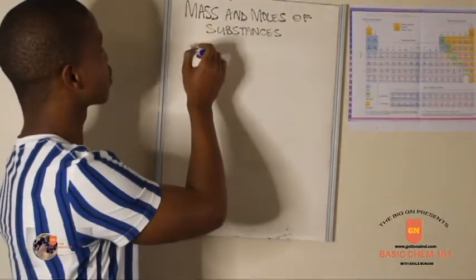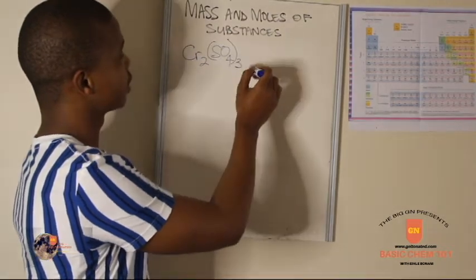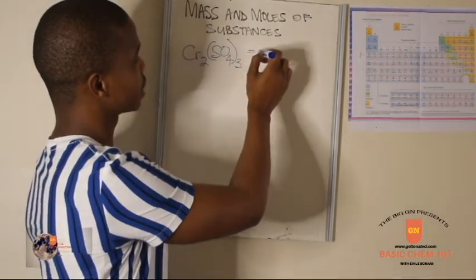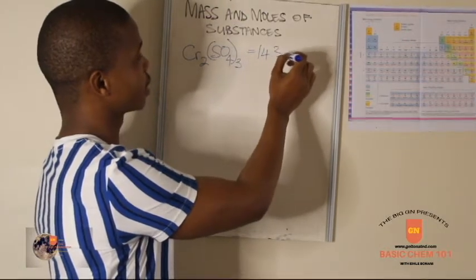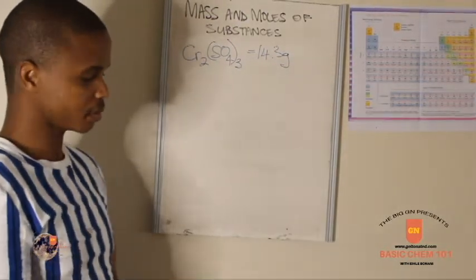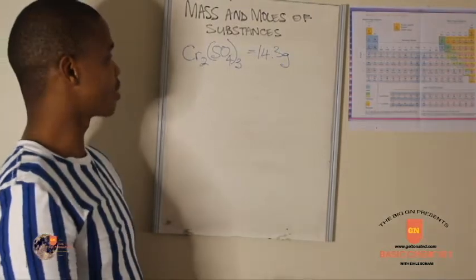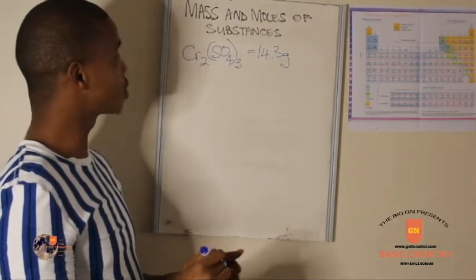They can give you chromium sulfate and then they say it has a mass of 14.3 grams. If this is chromium sulfate, there are 2 things that they can ask you from here.